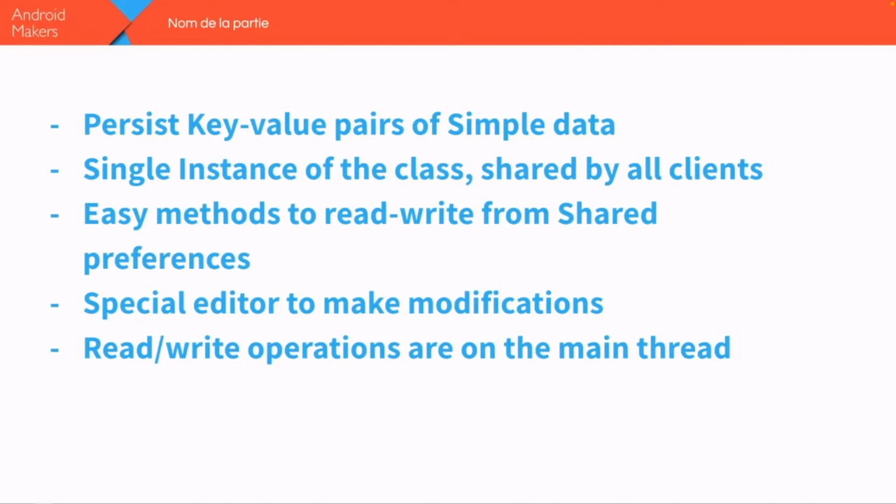It's a single instance class, usually shared by all the clients. Also, in order to update the data or make any modifications, you need to use a special editor object.